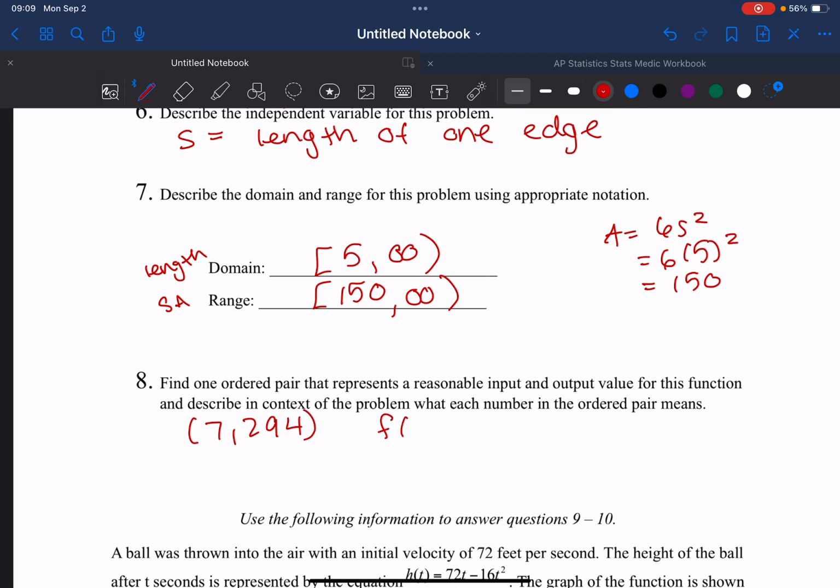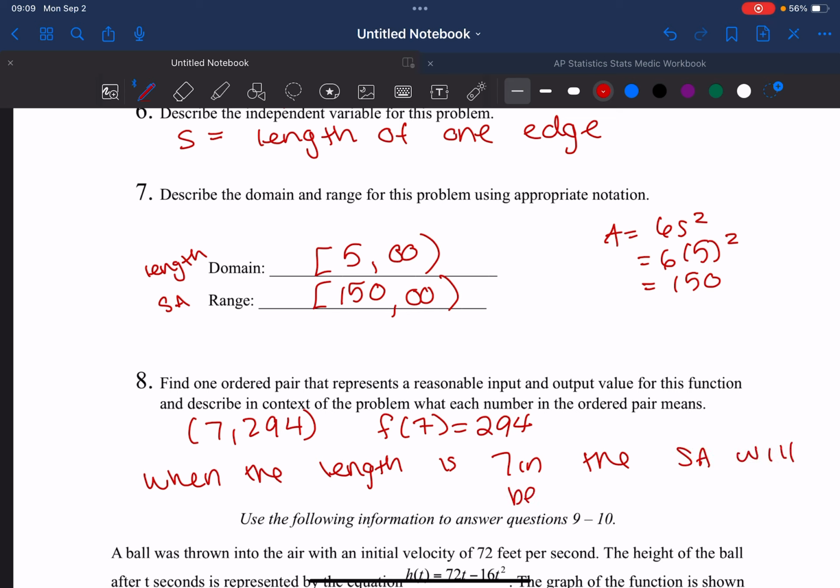This is the same as saying f of 7 equals 294. So when the length is 7 inches, the surface area will be 294 inches squared.